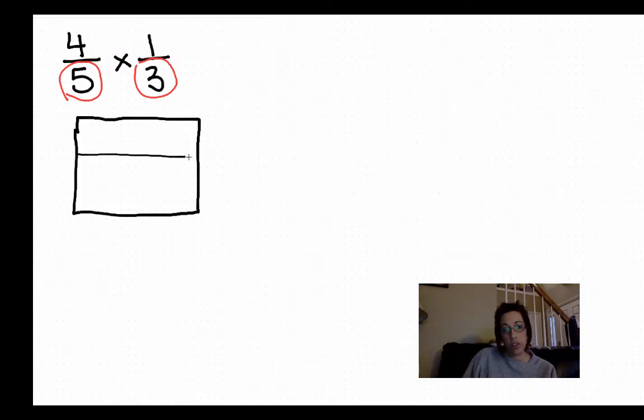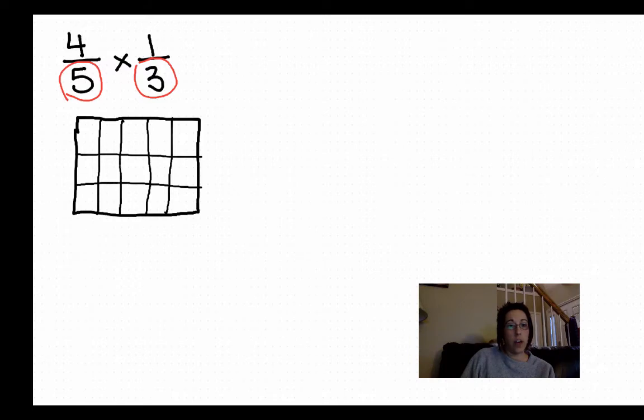So I'm going to go thirds across. It really does not matter which way you choose to do the spots. 1 section, 2, 3. So 1, 2, 3, 4, 5. 1, 2, 3.